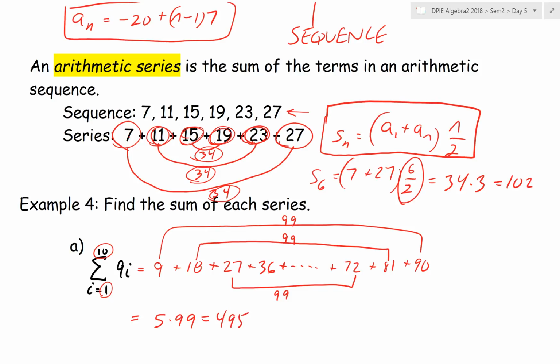And we would have gotten the same thing if we listed all 10 terms out and added them up, or if we use this formula directly: the sum of the first 10 terms is the first term, 9, plus the last term, 90, times the number of terms, 10, divided by 2. So again, that gives us 99 times 5, which is 495.